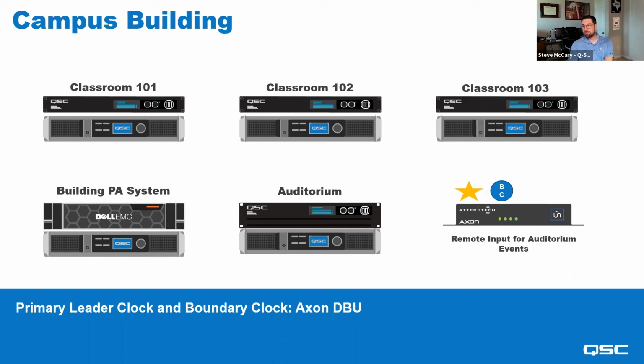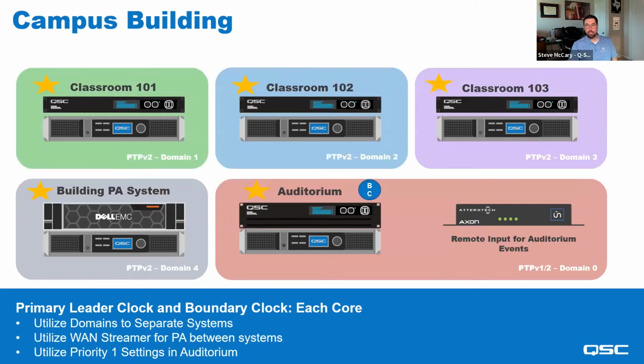In this scenario, as we first fire everything up, our DBU is actually going to be our clock leader and our boundary clock, because that's a native Dante device. But what I really want is to separate all of this because I don't want it clocking together. So what we're going to do is set up our PTP-v2 domains so that we can isolate our clocking between 101, 102, 103, the building PA, and the auditorium.